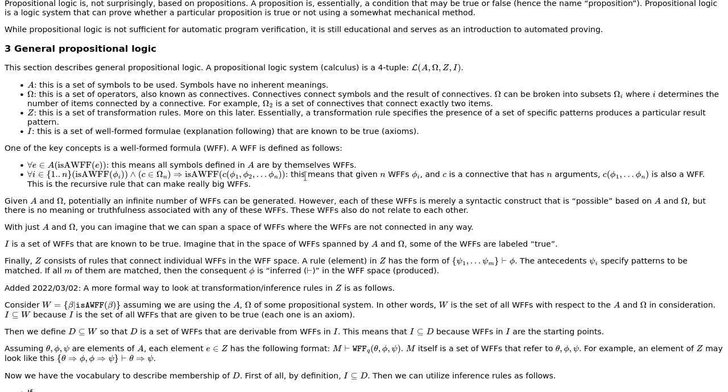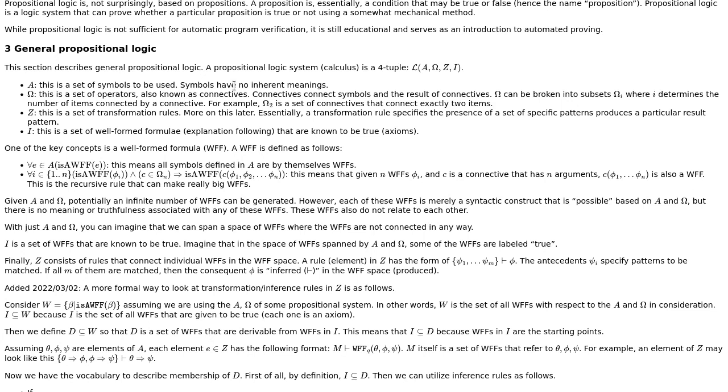General propositional logic. There are 5 components to a propositional logic system. So we're talking about a system over here. These are all Greek letters. This is uppercase alpha. Alpha is a set of symbols to be used. Each symbol, or each item in this set, has no specific inherent meaning.